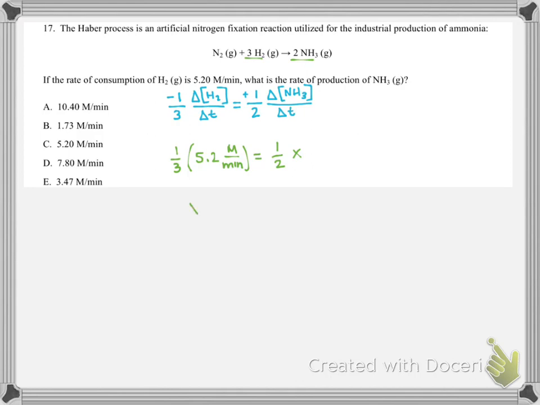And so when I solve for x, which is really that rate of ammonia appearance, you get 3.466 molarity per minute for its rate, which is answer choice E.